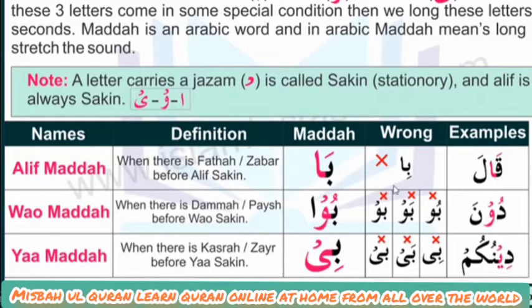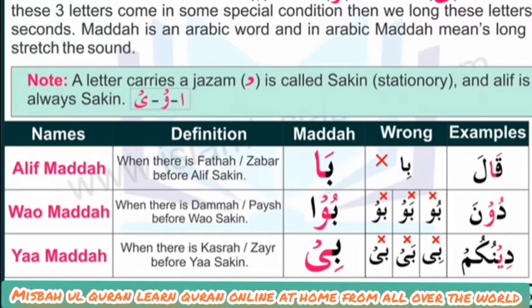So we read now: qaf alif fatha, qaa. We long 1 second. As you look, we are longing qaf, but due to alif. Alif is the reason for longing here, and because the fatha sign is on the qaf, that's why we are longing the qaf sound, because in reality movements have a sound and alif is only a letter.